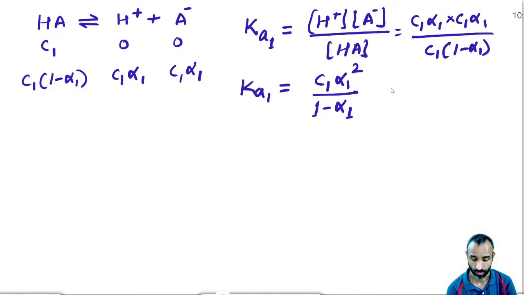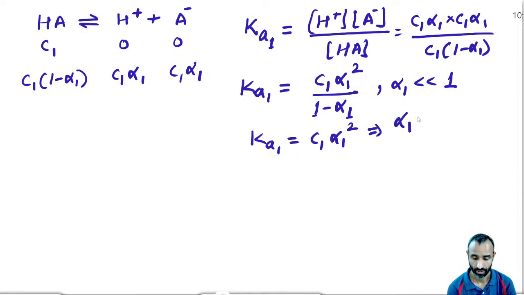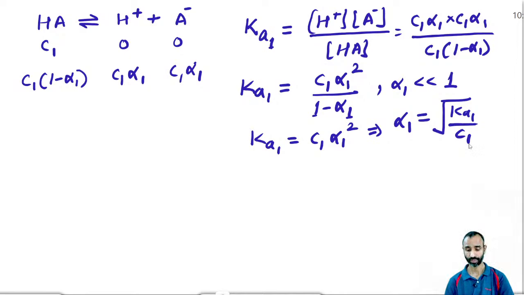And you know, alpha 1 is very, very less than 1 because it is written they are very small. So therefore, Ka1 is equal to C1 alpha 1 square, or that implies alpha 1 is equal to square root of Ka1 by C1. So this is alpha 1.